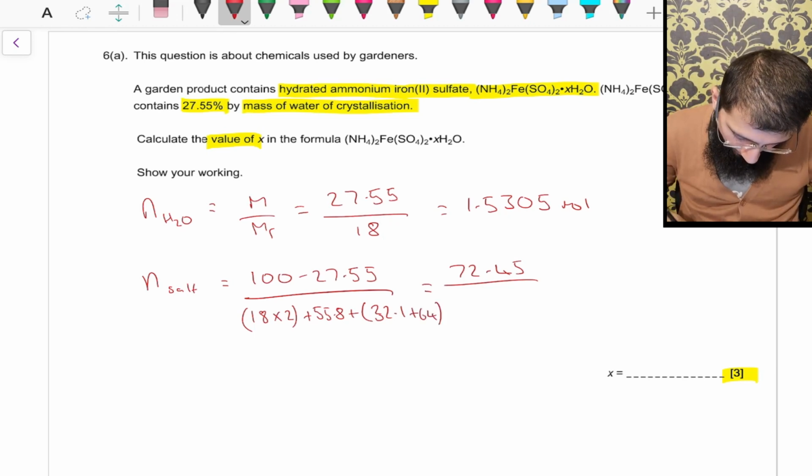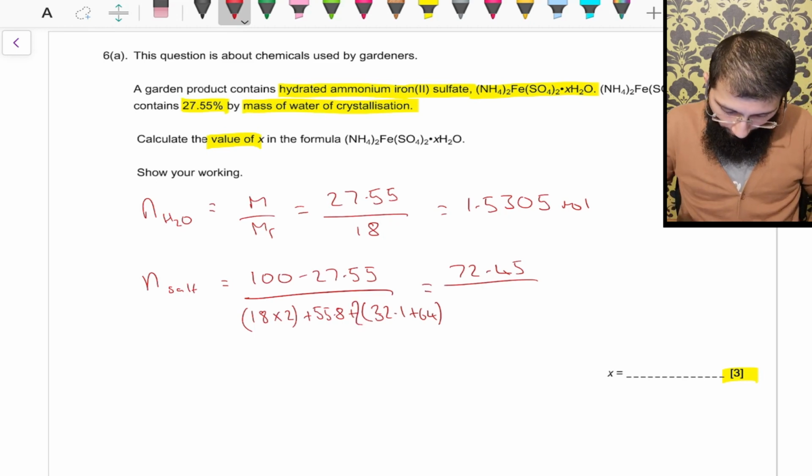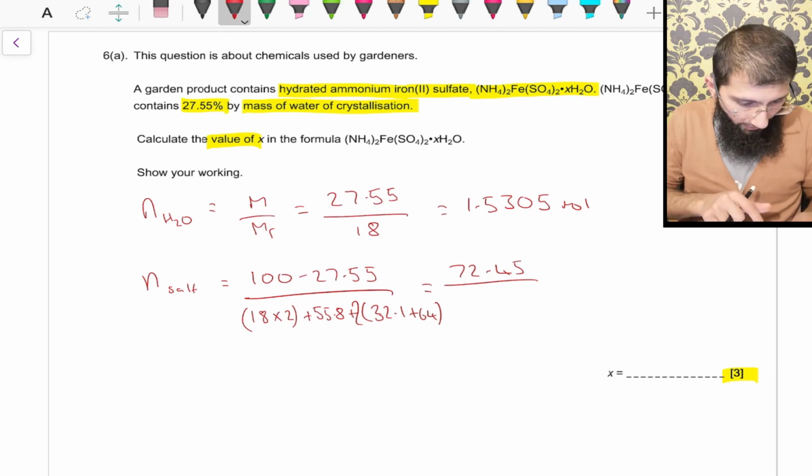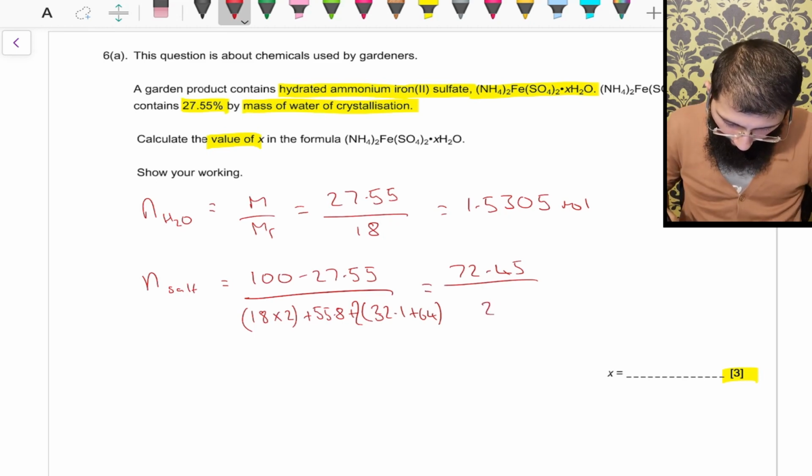I'm going to multiply this last one by 2 because we've got 2 sulfates. So in my calculator, I'm going to get 18 times 2 plus 55.8 plus 32.1 plus 64, and we're going to do that sum twice. And we get 284 for the Mr.